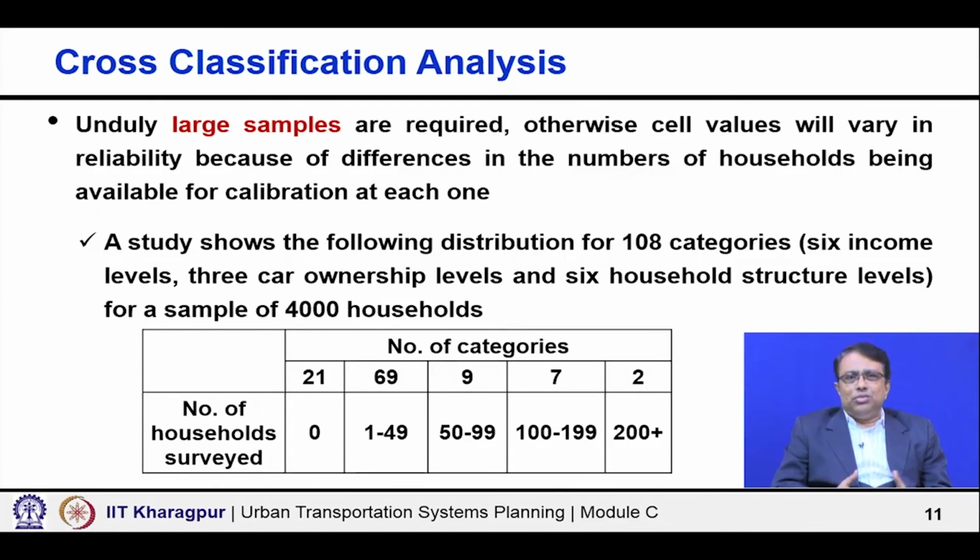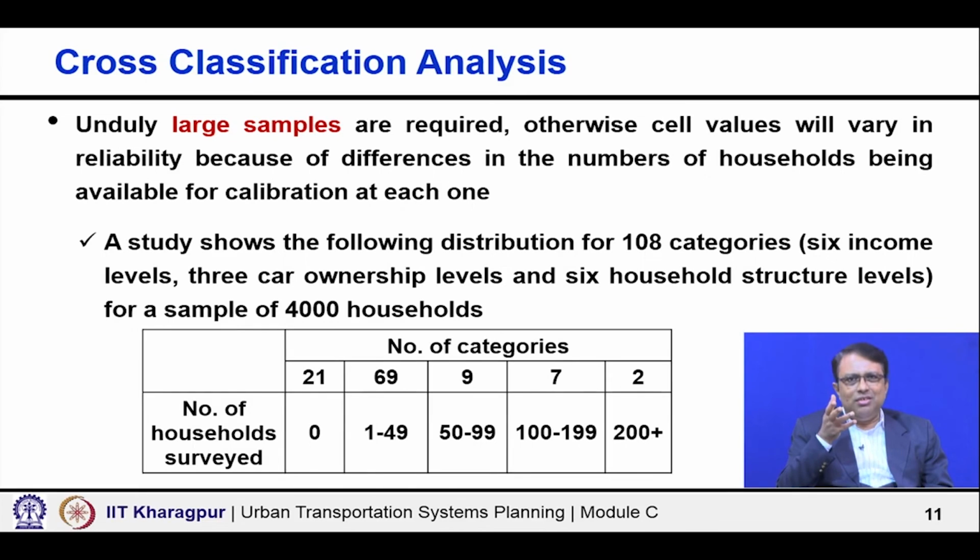So, just to tell you this example, as I warned you every time, however many cells you are considering, remember that each cell needs representative data. This is one interesting example where 4,000 households were surveyed, and they considered 6 income levels and 3 car ownership levels.